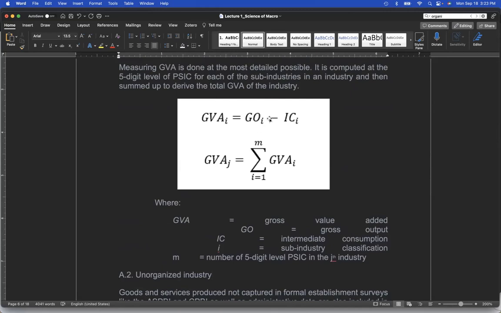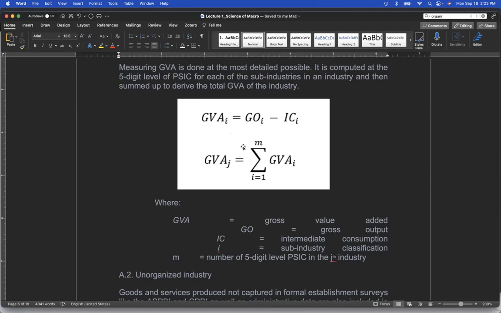Okay. So GO, which is gross output, minus IC, which is the intermediate consumption, which is the inputs. And that's how you get gross value added. So that's basically semantic. Parang ganun lang talaga. And yun ang ginagawa ni PSA. And then, using each PSIC 5, which is a fairly disaggregated level, ang PSIC 5 is like paddy, rice, irrigated farmland.